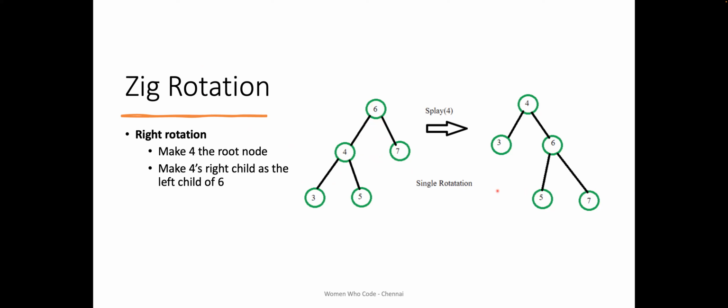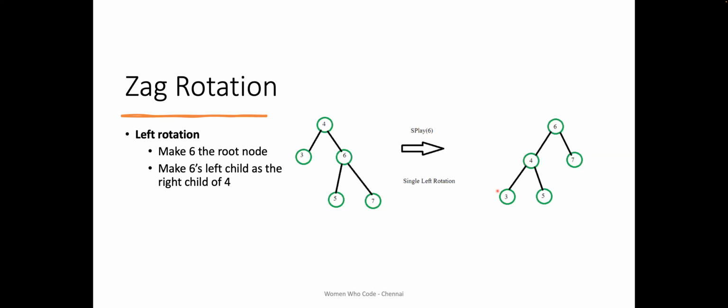Okay. So I think these things, maybe you can take some time and go through it, but I just wanted to cover it quickly to give a high level overview of what is what. Okay, so zag is something which is similar, but on the opposite side. Now I do splay of 6. Okay, what do we do? I'm going to make 6 the root node. That's my intention because it's a splay tree.